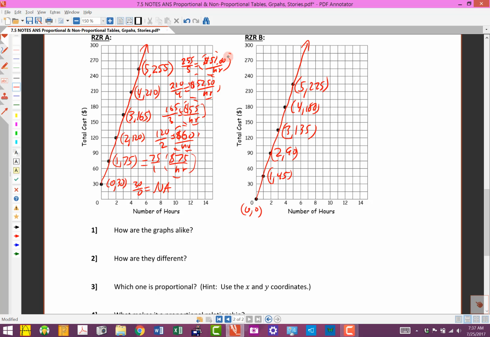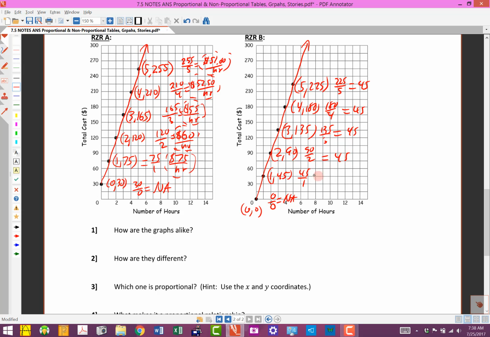Now, if I were to go through and do this one, 0 over 0, that's not applicable. Okay, can't divide by 0. 45 over 1, 90 over 2, and I am hoping that everybody's got an idea of what's going on in these problems right here, because on every one of these this is going to end up being $45 per hour.